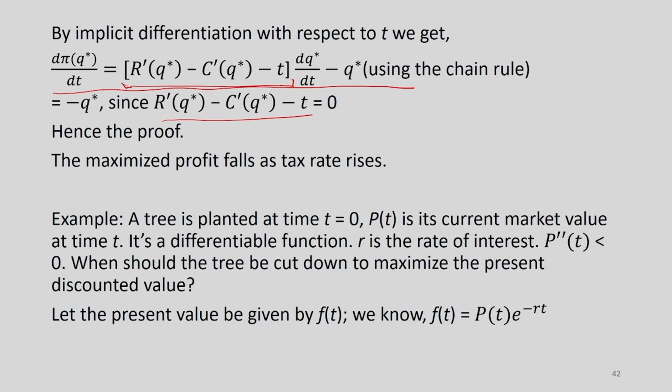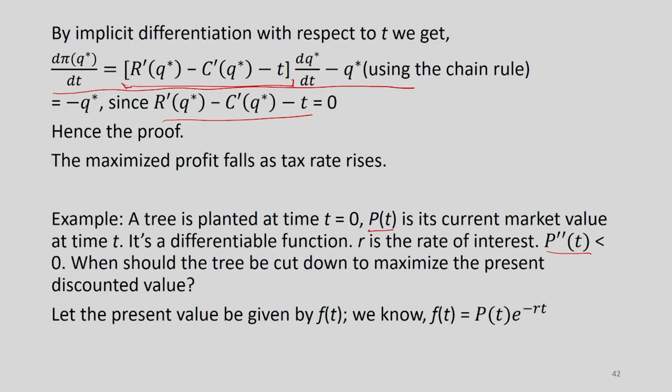A tree is planted at time t equal to 0. P(t) is its current market value at time t. It is a differentiable function. R is the rate of interest, and we are given that P double dash t is less than 0.